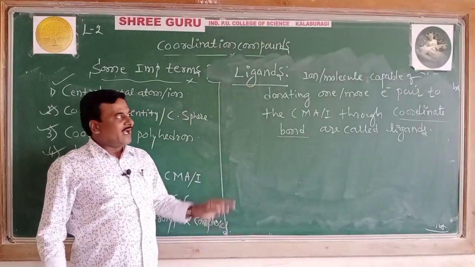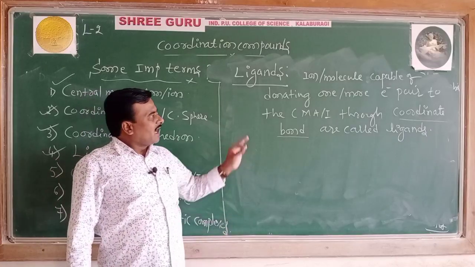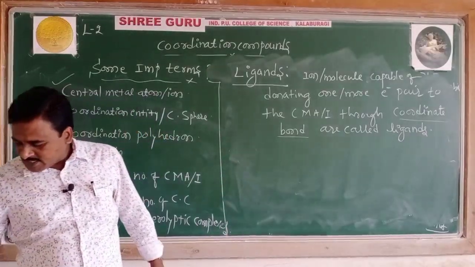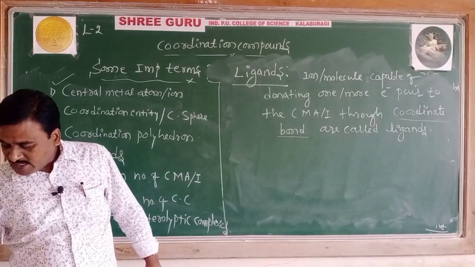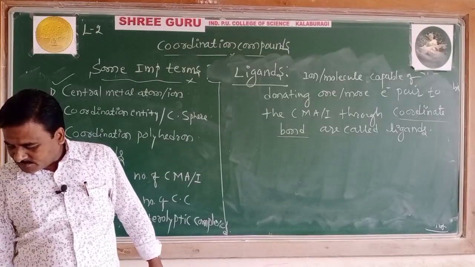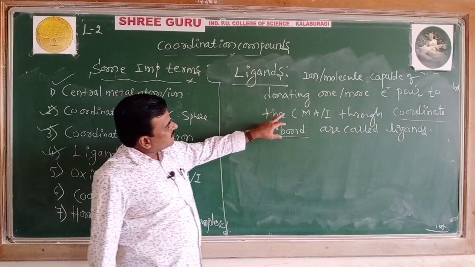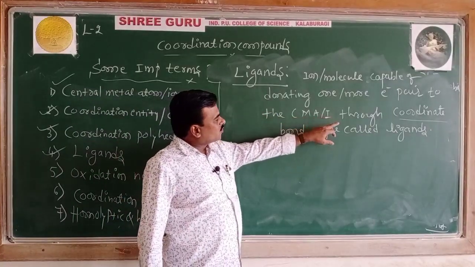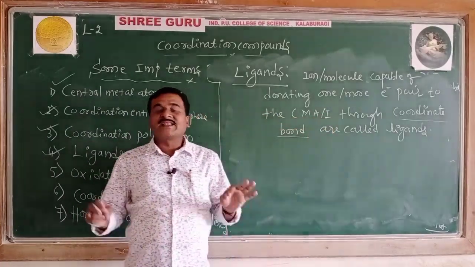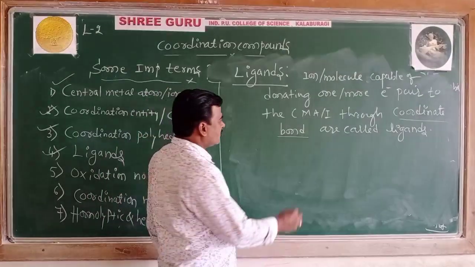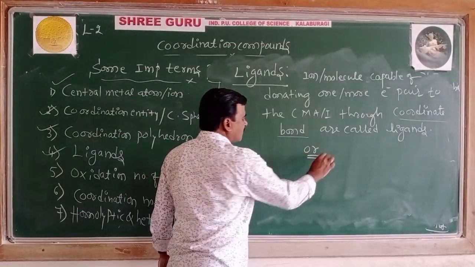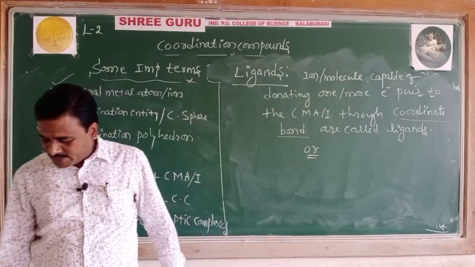I repeat, ions or molecules which can donate one or more electron pairs to the central metal ion or atom through coordinate bond are called ligands. Or you can define it in another way also.